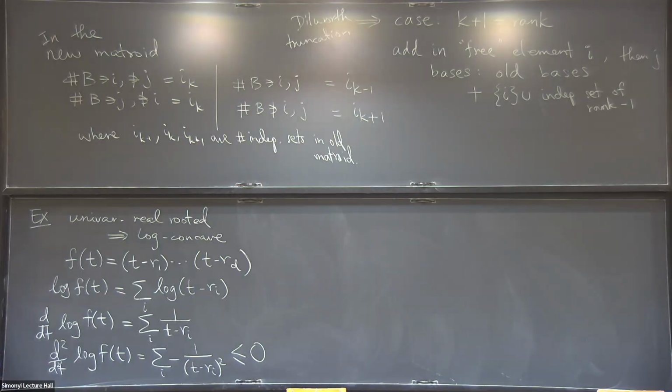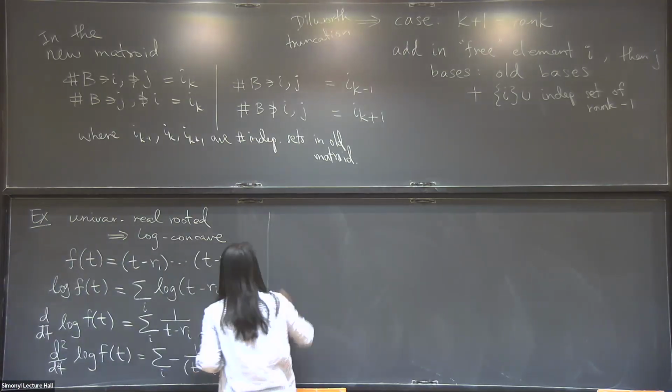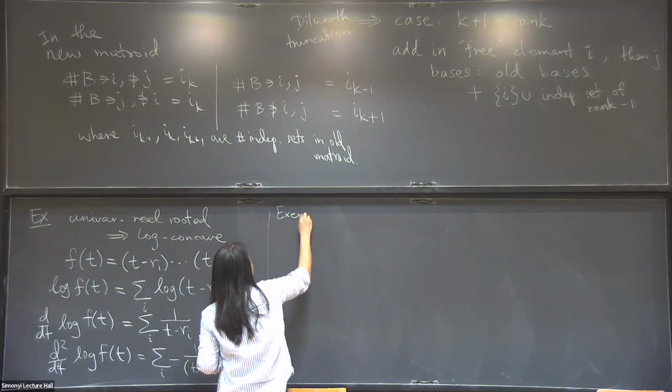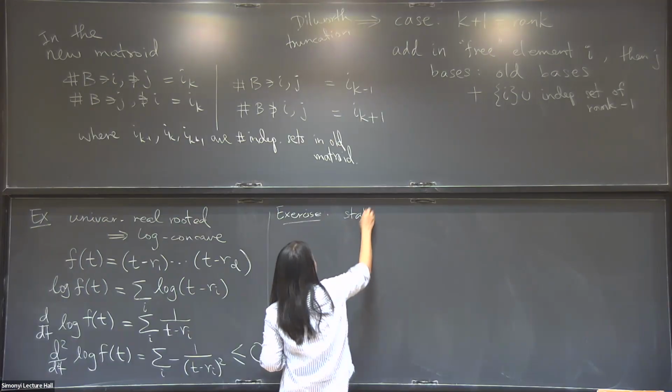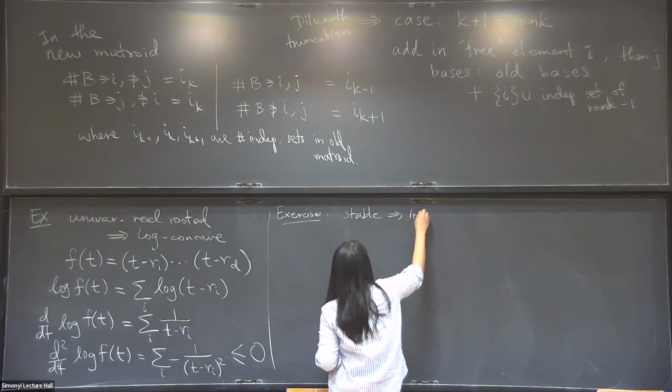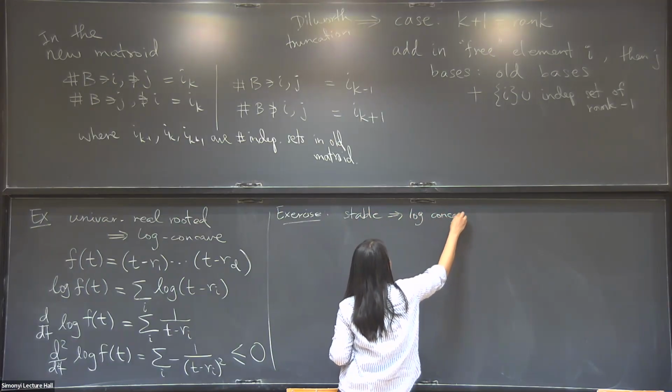So these are log-concave. And in the homework, you're going to show that stable polynomials are log-concave, so I won't go through that. I will say stable implies log-concave from the definitions.